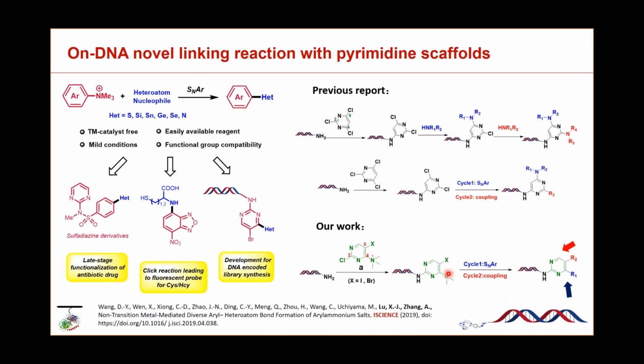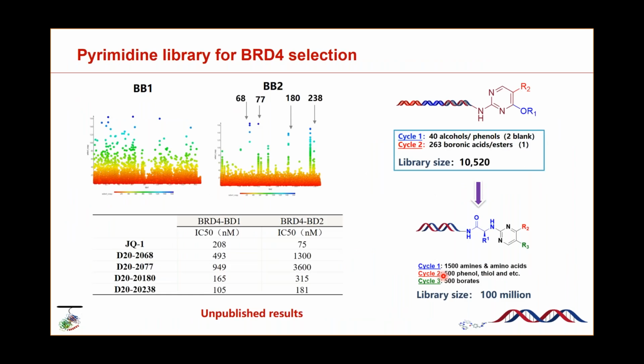In this way, we can have a library with all kinds of diversity at both the 4 and 5 positions, and they come together to show the power of the combination. Using just this strategy, we have seen that a very small library, with a size of just 10,000, is quite efficient.